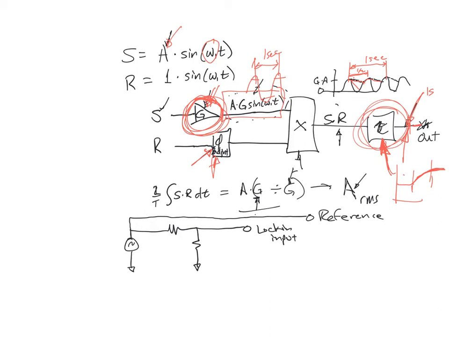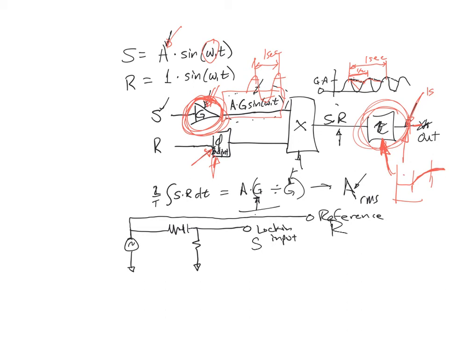And if our experiment actually has, say, a capacitor in it somewhere, so I'm going to stick a capacitor in here, then there will, in general, be a phase shift that the signal S gets relative to the reference R. So when I send these things over to the lock-in, it's not like one is going to be sine omega t and the other one's going to be sine omega t and everything's going to work out.